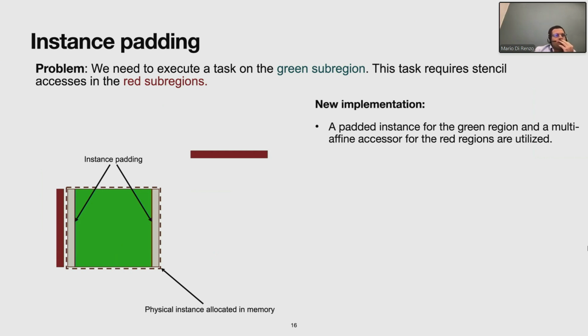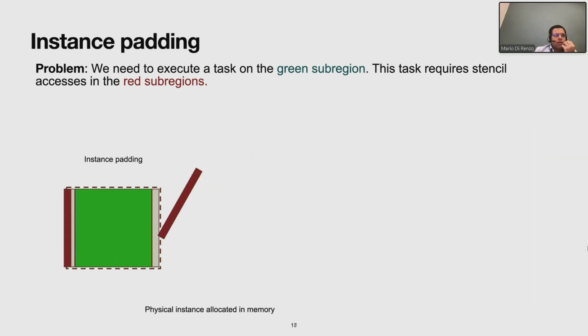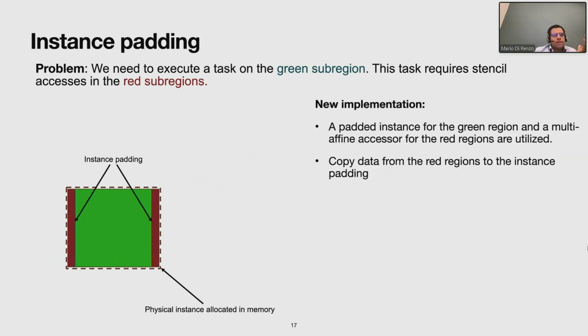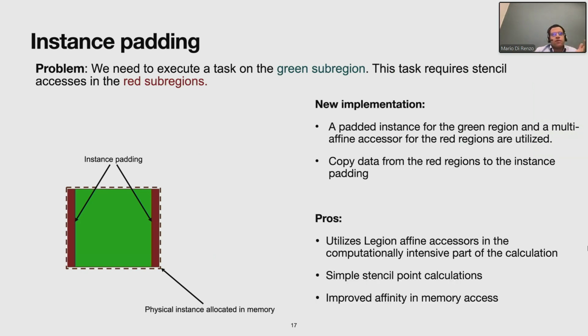And before executing any of the kernels that we do in our solver, we first assemble the data into a single instance. And at this point, we have all the data laid out exactly how we need them, and we can perform our kernels by doing simple stencil operations and having good affinity of memory accesses, because we have actually laid out all the data exactly the way we want it.